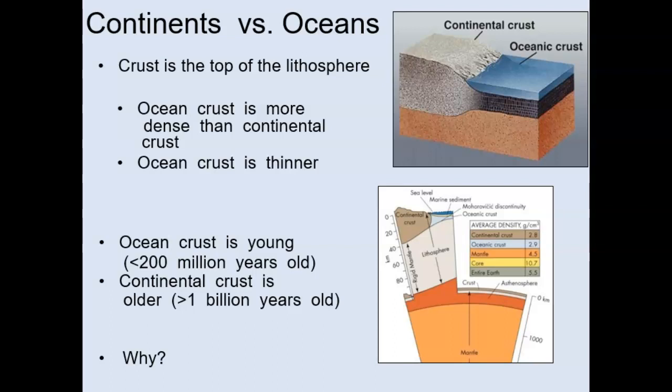And you could never find such old rocks in the oceanic crust, not even close. So that's just showing you how much different these two types of crust may be and what we can find about them. This will all also make more sense as we go through the slides later on in the lecture.